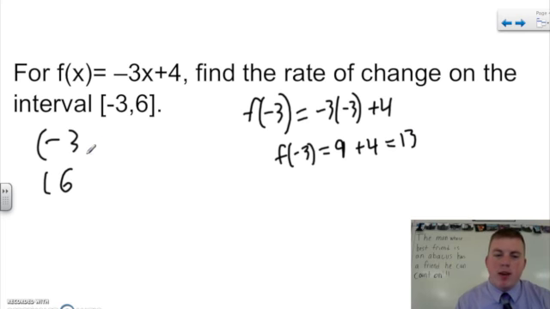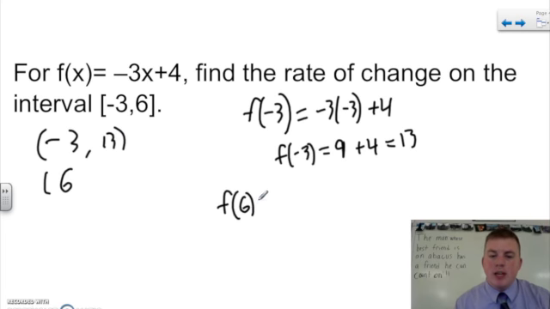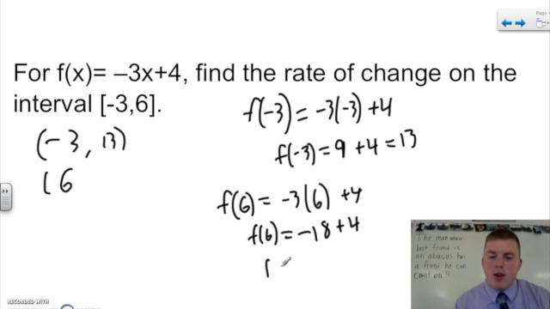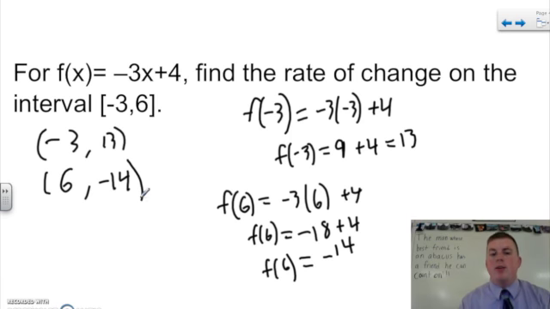So my y value here is going to be 13. I need to do the same thing with the 6 now. So f of 6 is equal to negative 3 times 6 plus 4. So f of 6 is going to equal negative 18 plus 4, which is negative 14. That gives me my second y value here.